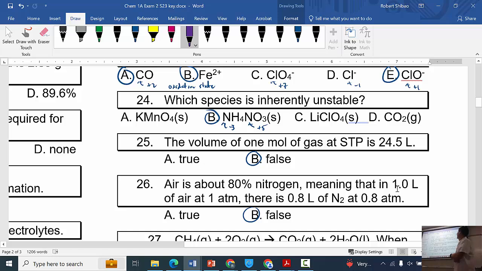Number 24, which species is inherently unstable? And when we look at potassium permanganate, potassium permanganate is very reactive. But how would you liken it? Maybe like a predator.